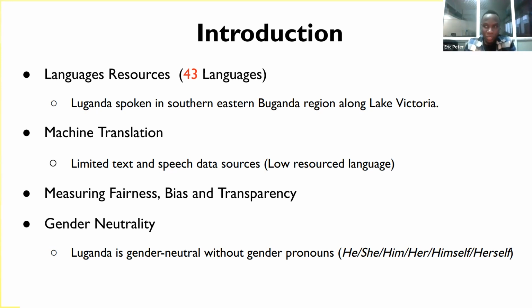All languages in the country don't have pronouns like he, she, him, herself, himself, and so forth. This makes it extremely hard to translate sentences from the local context to languages with gender-specific pronouns, like German, English, Spanish, and so on.